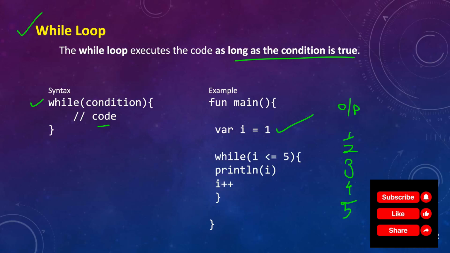That means execution of the while loop will stop and control goes outside the block. So this is an example of while. This loop continues running until the condition becomes false. Here it prints numbers 1 to 5.